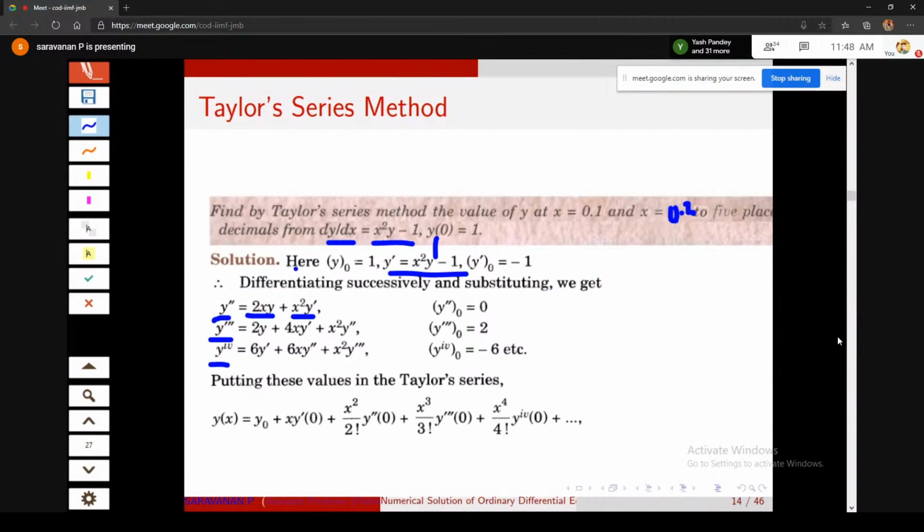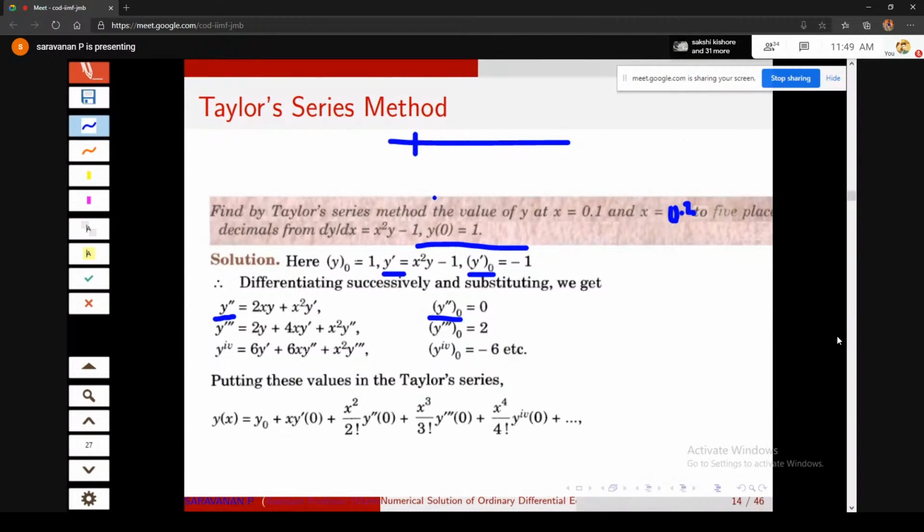Now, what you do, in all this you substitute x0, y0. In y prime, you substitute x0, y0, you will get this. In y double prime, you substitute x0, y0, you will get this. What is x0 here and what is y0 here? That is a given condition. What is x0? 0.1.